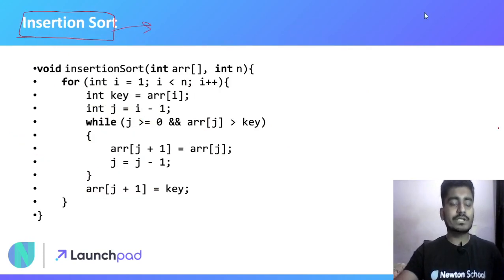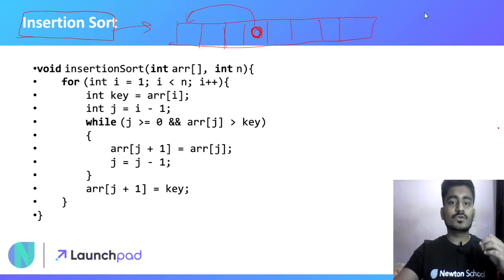I have already explained in brief what insertion sort is. In insertion sort, what we simply do is, suppose we have some container and we have some elements in it, and we are at ith index. What we simply do is, we have to insert the ith element at its correct position.